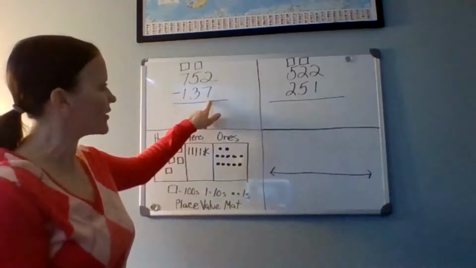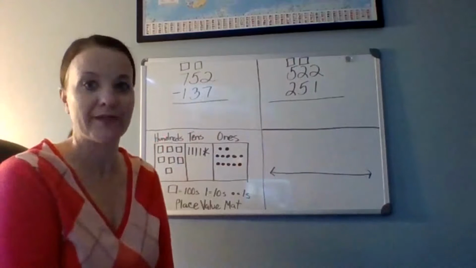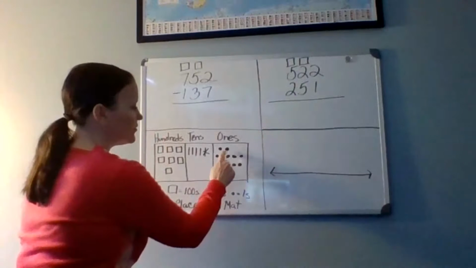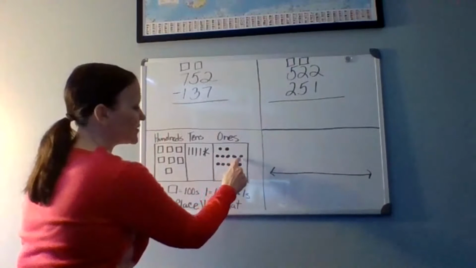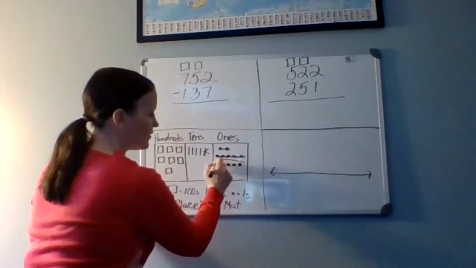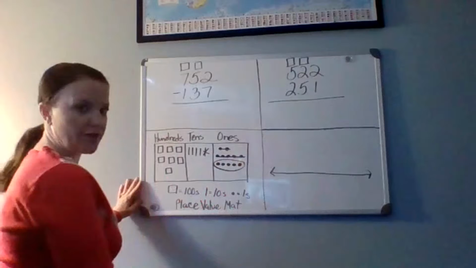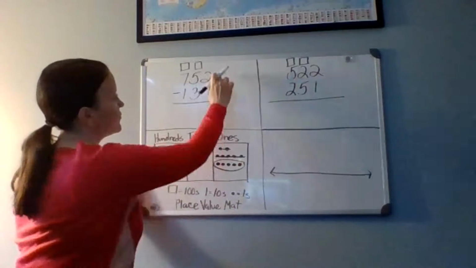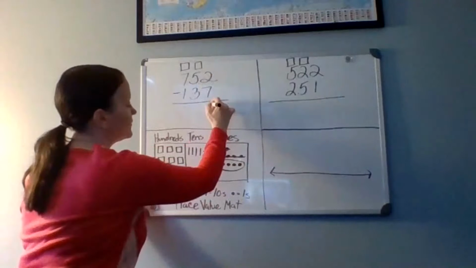Okay. Now, can I take 7 away? I can. So let's count out 7. 1, 2, 3, 4, 5, 6, 7. Cross that out. There's one left. How many do we have left? 1, 2, 3, 4, 5. So I'm going to put 5 over here.